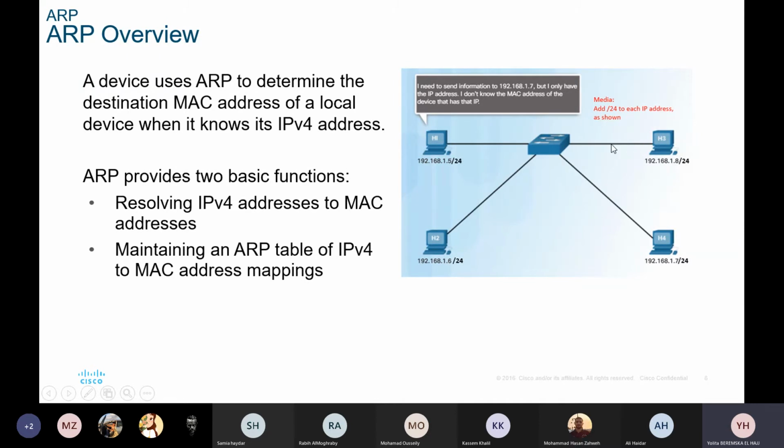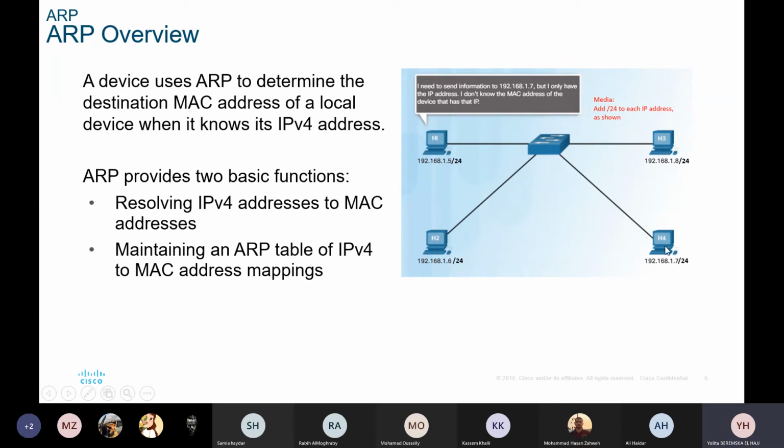Now, devices like H3 and H2 will find out that their IP addresses do not match this address 192.168.1.7. So they will discard or drop the packet.